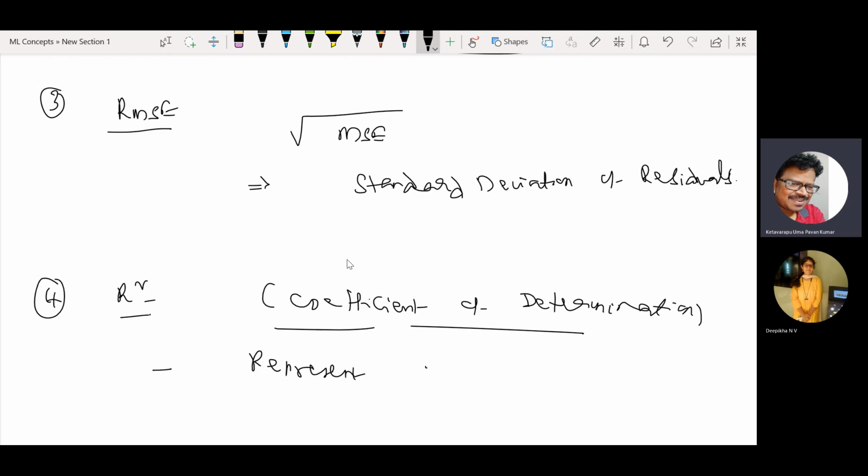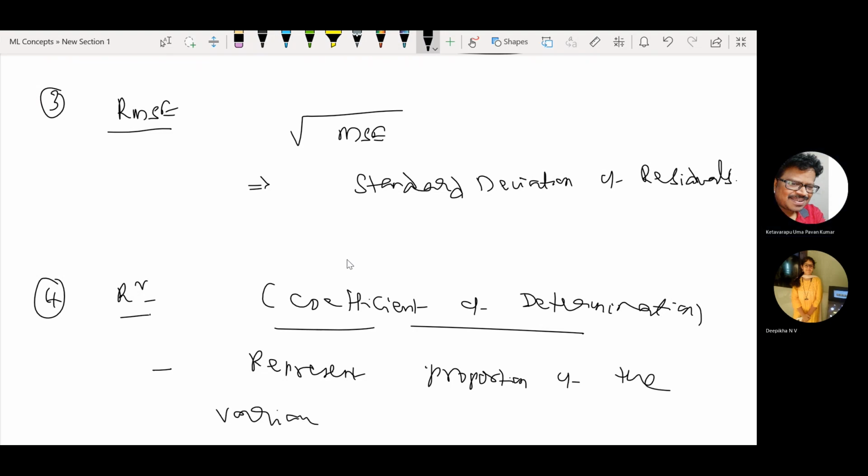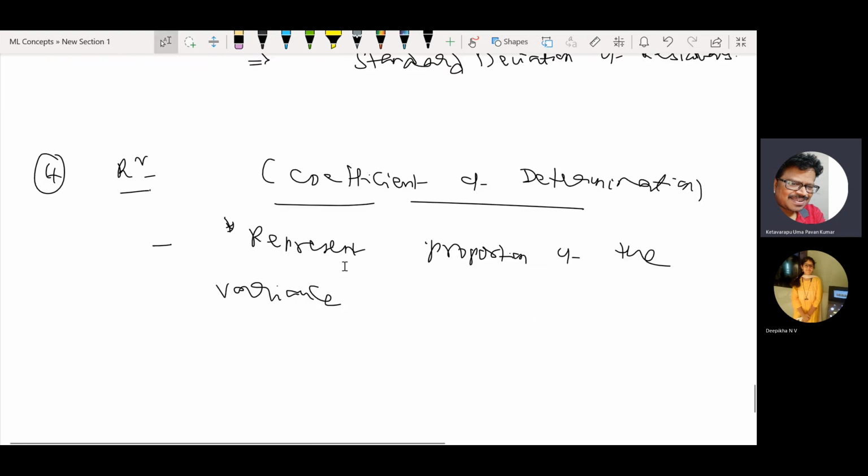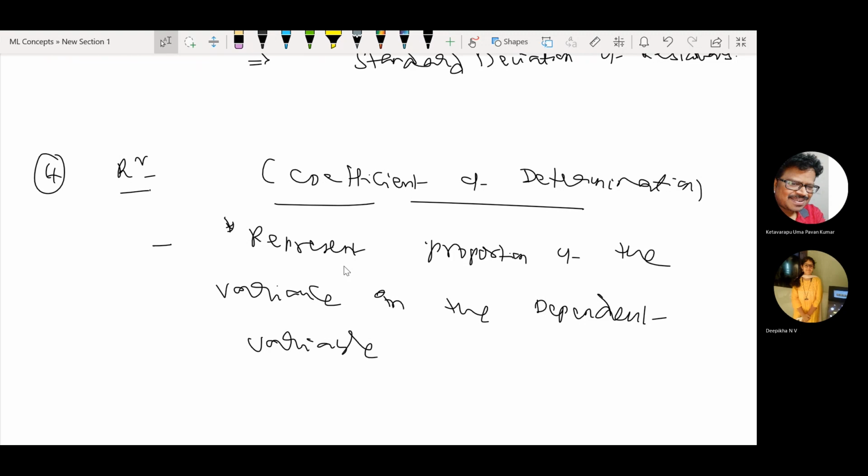Be with me, because they ask like that in the certification. It represents the proportion of the variance in the dependent variable, which is explained by the linear model, of course.